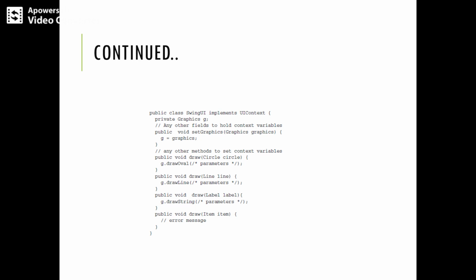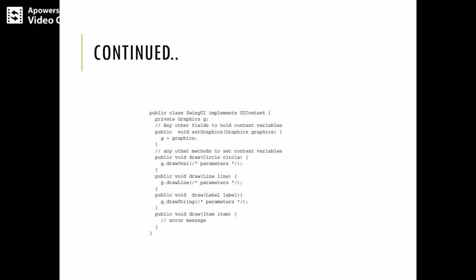So here, the code which I have given here, public class Java Swing technology, that is class Swing UI user interface technology, which implements user interface context. That will be taken in a private Graphics g. So this is a comment here.